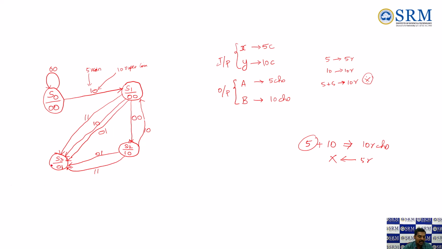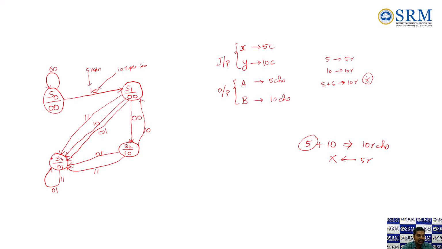If the machine is at the S3 state, that is after dispensing a 10 rupee chocolate, and one 10 rupee coin is inserted at this stage, it will dispense one 10 rupee chocolate. Suppose I am inserting both the 5 rupee as well as the 10 rupee coin, at that time also the machine dispenses only a 10 rupee chocolate. Right. Now we come to the first initial state.